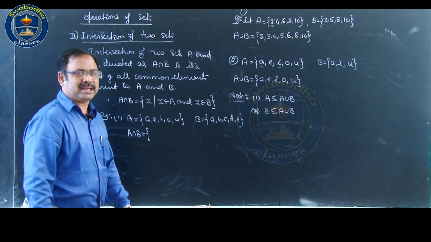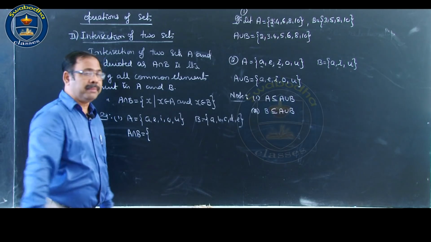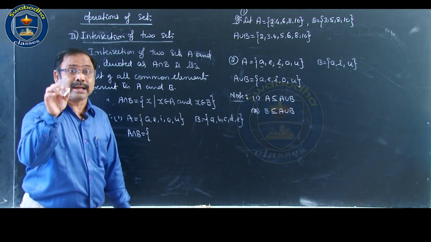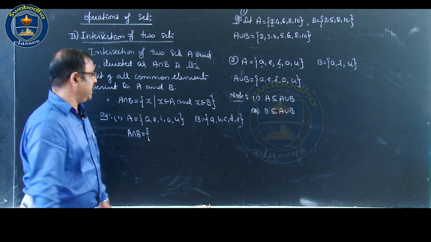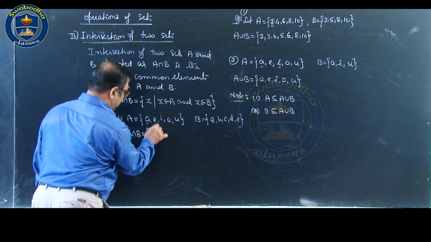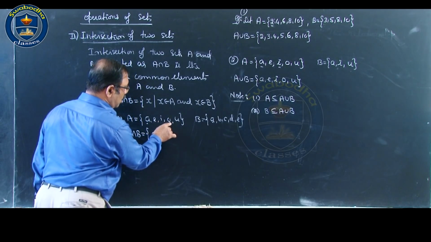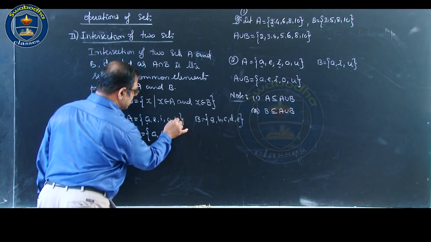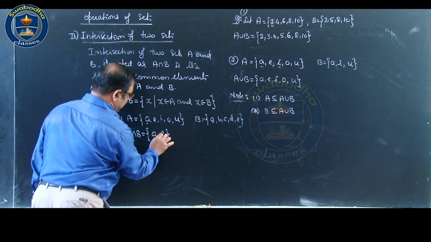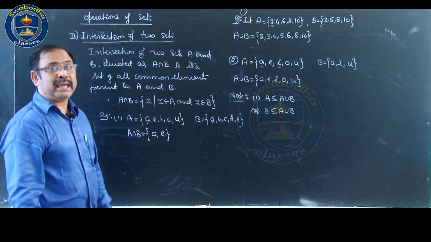A intersection B is the common elements present in A and B. A is there. Next, E is there. What about I? No. O is not there. U is not there. Therefore, A intersection B is equal to A comma E.